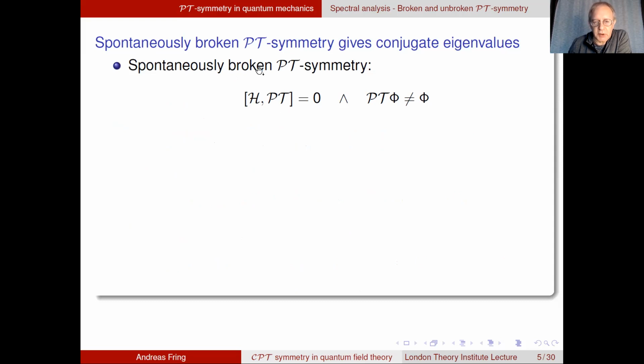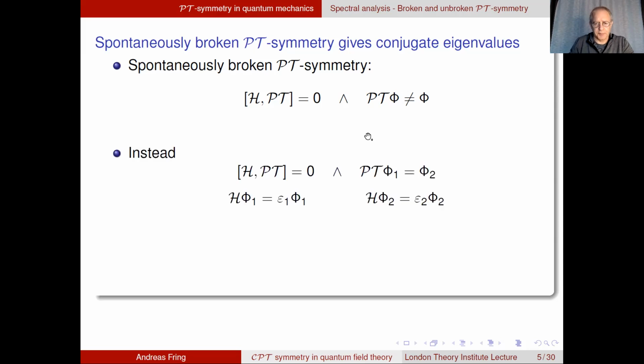I will not break the symmetry of the Hamiltonian, but I do not require anymore that phi is an eigenstate of PT. What happens in this case is that PT maps some particular eigenfunction phi1 to a new eigenfunction, let's say phi2.